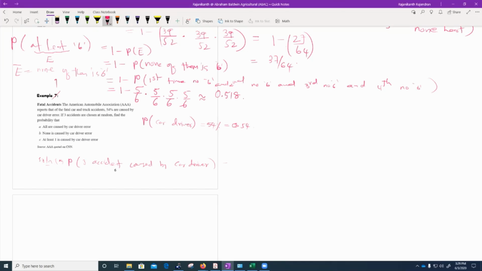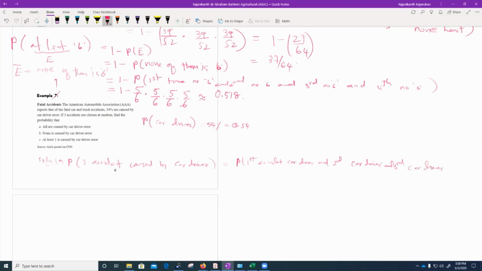So you are just checking three accidents. That is nothing but the first accident and the second accident and the third accident, the product, right? So this is the probability of the first accident caused by a car driver, and the second again a car driver, and the third accident also caused by a car driver.